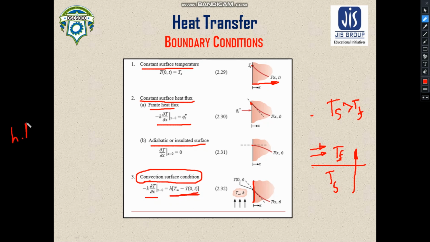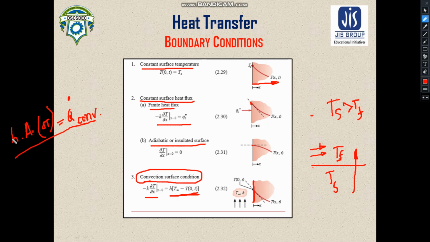Now from Newton's law of cooling, let us simply write this delta T as the rate of heat transfer for the convection heat transfer process. This is a very simplistic explanation, mind it, we are not getting into the details. So this is a simplistic interpretation of Newton's law of cooling, where this h is the convection heat transfer coefficient.